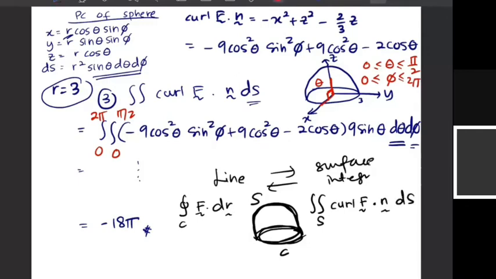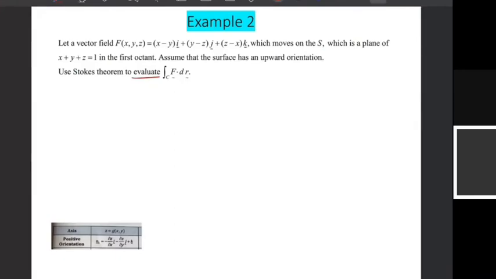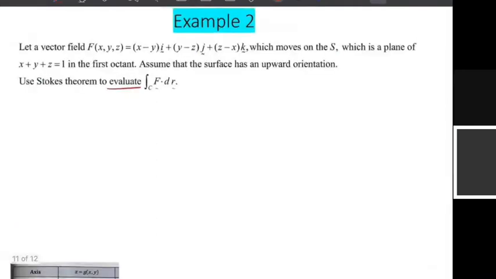So we have a line and we have a surface. For the line integral, it is given by this formula, the integral over C of F dot dr. And for the surface integral, okay, this is curve C. This one is surface S. So to do the surface integral, the double integral over S, curl F dot N dS.